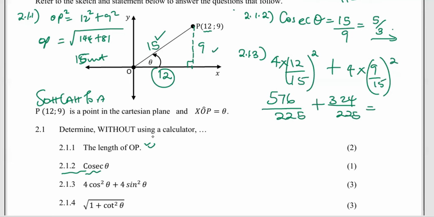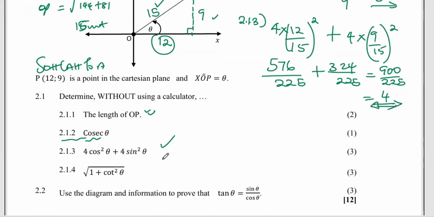So 576 plus 324, I'm getting 900 over 225. So 900 divided by 225, the answer is just 4. So that is how we were supposed to answer this particular question.